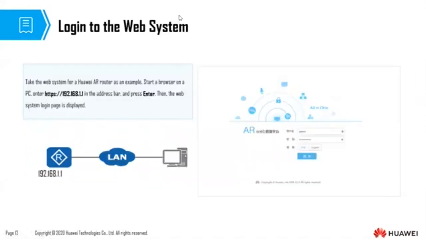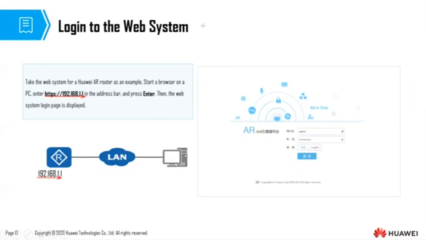Okay, so how to log into the web system? For example, if the address of your router is 192.168.1.1, then you simply start your browser, and on the address bar you enter that, then you press enter.